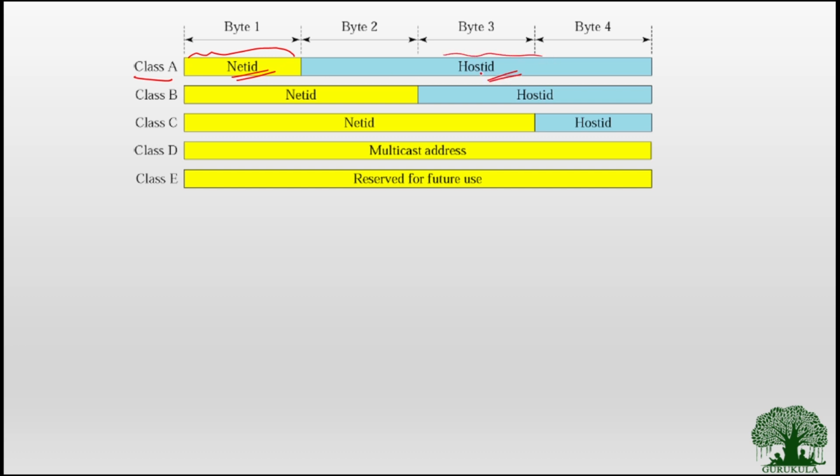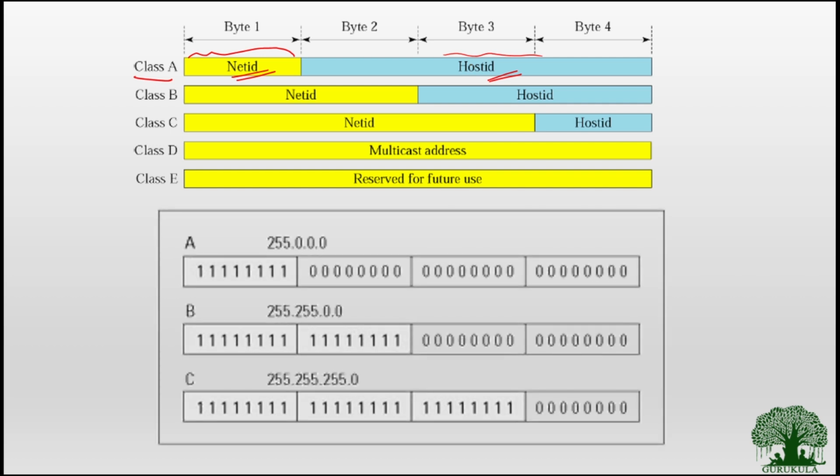When I write the subnet mask for a class A address, the first byte represents the net ID, so the network part is represented with 1s and the host part with 0s. So the first 8 bits are all ones, and the remaining 24 bits represent the host part, so they are all zeros.